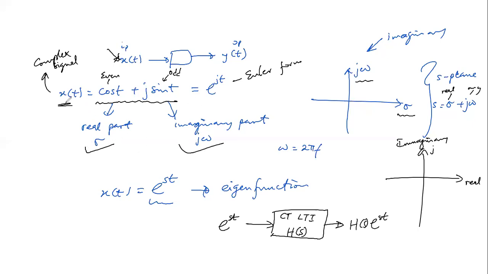If we replace our signal by plotting on the s-plane, we are going to have sigma being the real component on the real axis, while on the imaginary axis, we are going to have j omega. We already know that omega is the same as 2 pi f from basic science.